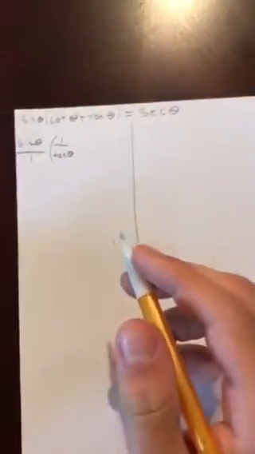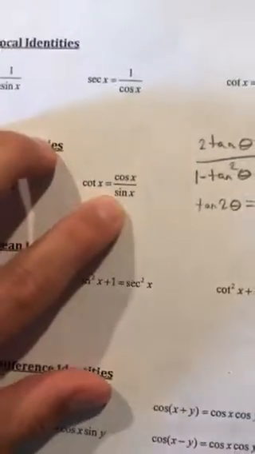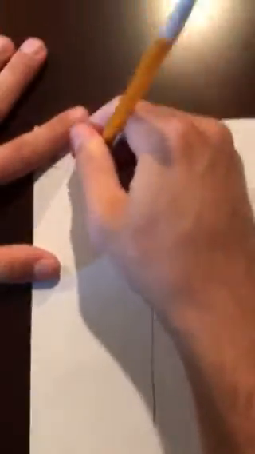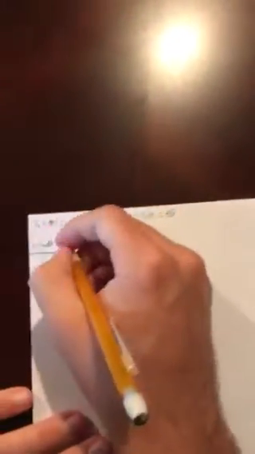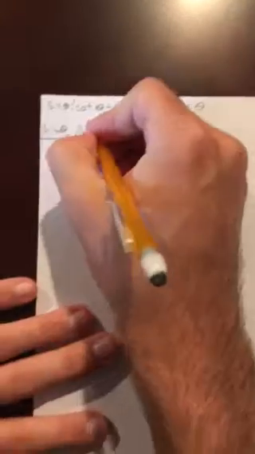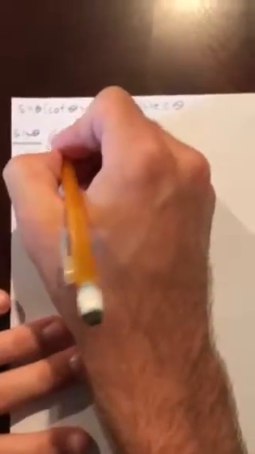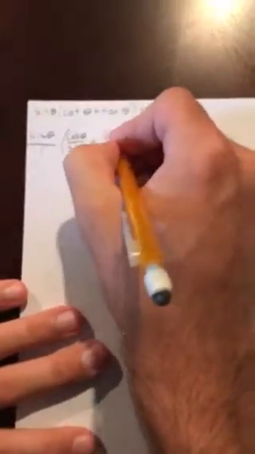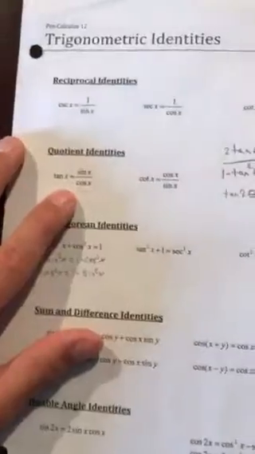Actually, no, we're better off if we do it cotan theta equals cos theta over sine theta. So we'll rewrite that. My bad. Okay, and then tan theta is sine theta over cos theta, as we can see right here. Quotient identities. There we go.